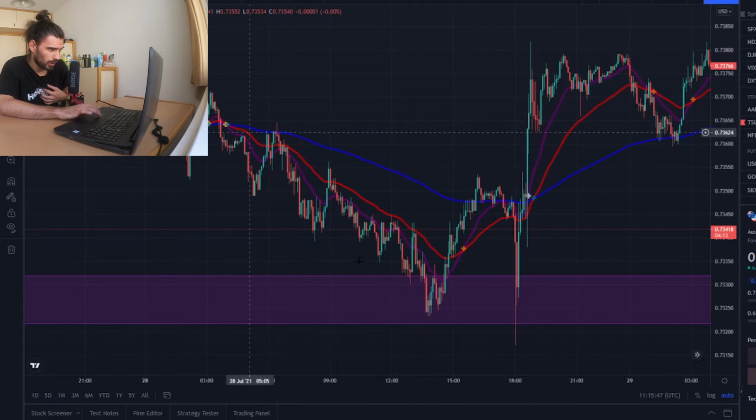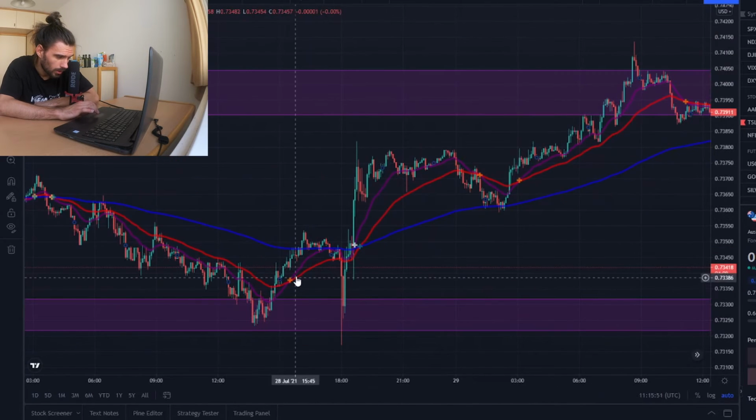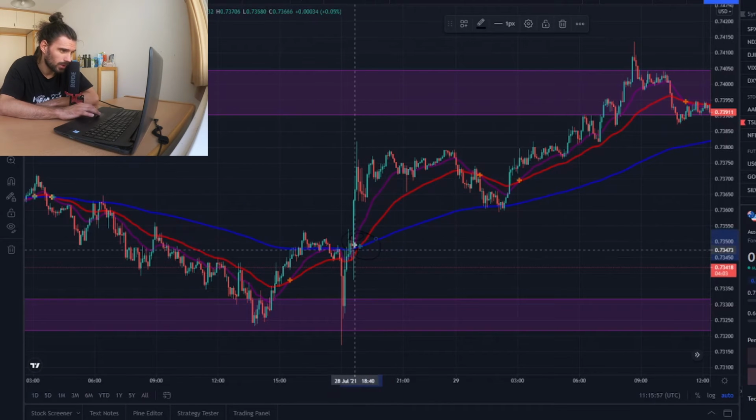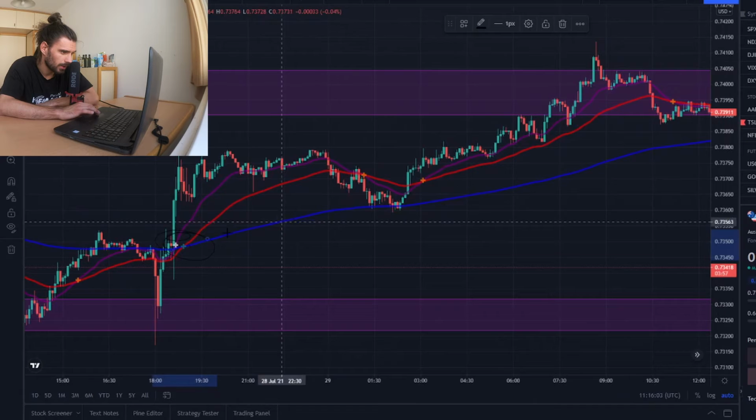So here we were bearish this whole time, and here suddenly we retested the support line and we went higher, which means we want to see this bullish cross between the 50 and 200 EMA.